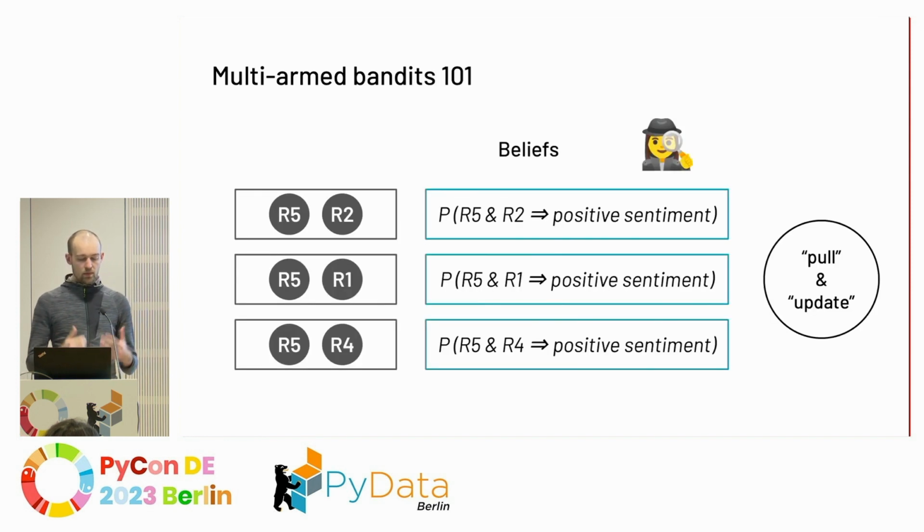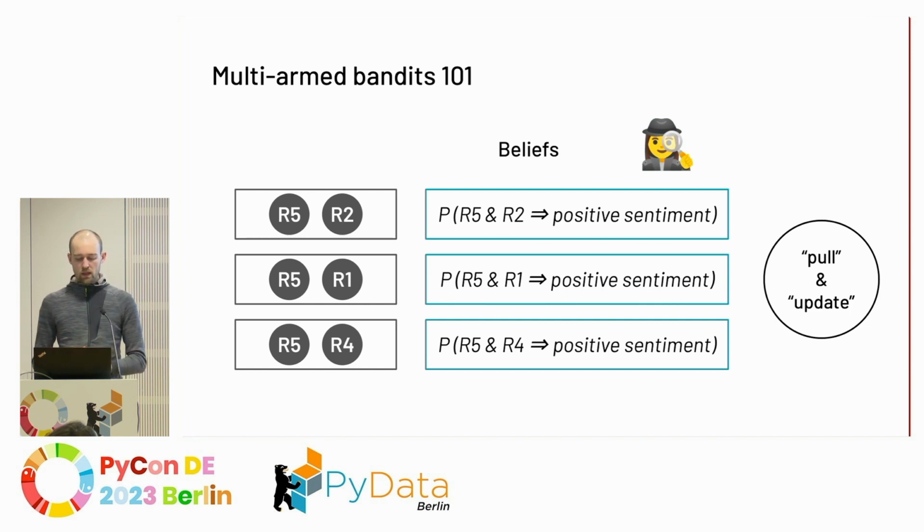And to do this a little bit more efficiently, we can use the so-called multi-armed bandit framework and frame it as such a problem. And the idea of a multi-armed bandit, very roughly speaking, is that we have different arms, which in our case are just the different candidates, different rule combinations, and we have certain beliefs about them. So we're trying to understand whether these rules being fulfilled will lead to a positive sentiment.